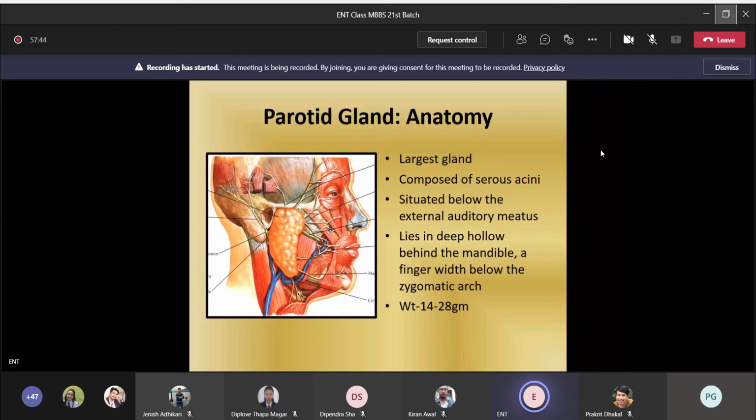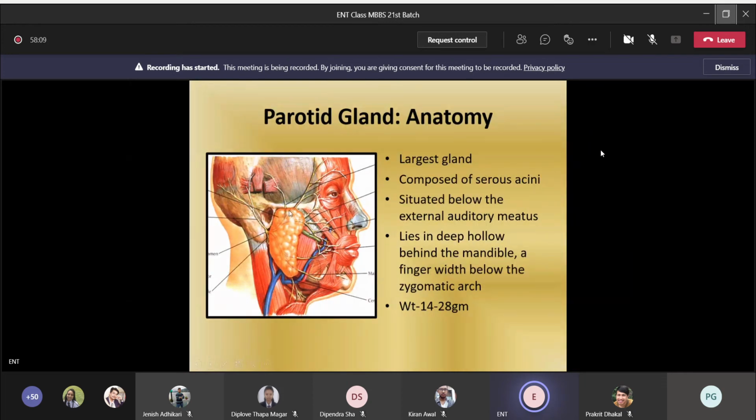Now come to the adult parotid gland. It is the largest gland, composed of serous acini, situated just below the external auditory canal. It lies in a deep hollow behind the mandible, a finger width below the zygomatic arch. So this is the zygomatic arch.